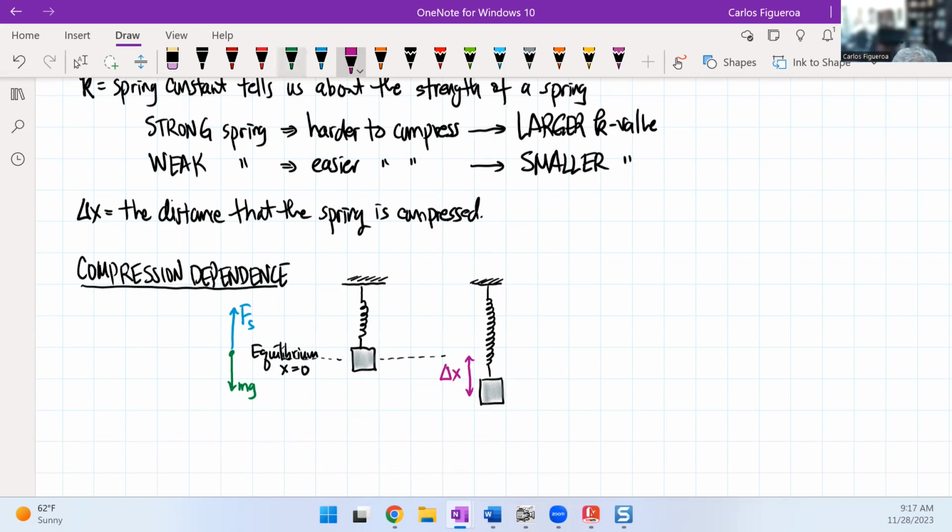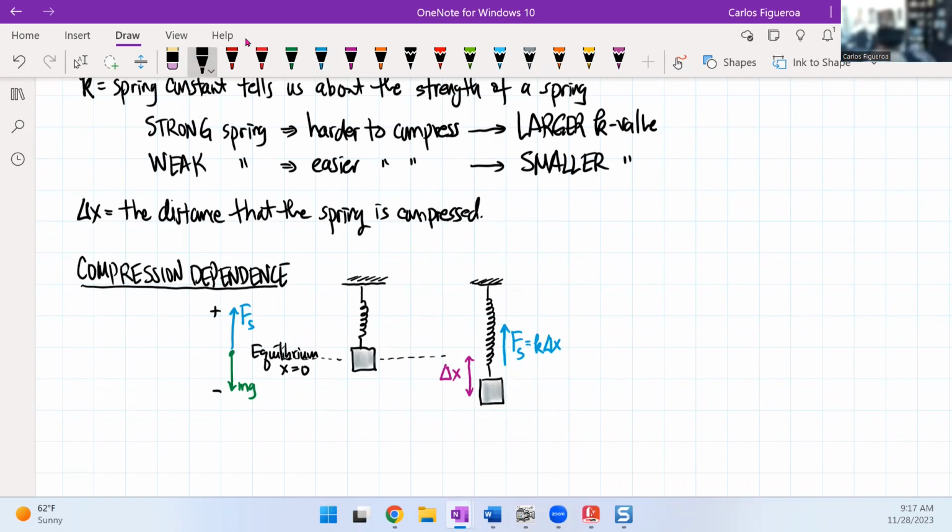So when I look at this thing, I'm going to have a spring force. That spring force is going to be this big, and it's going to be equal. So if I make this the positive direction and that the negative direction, then the spring force is going to look something like that.